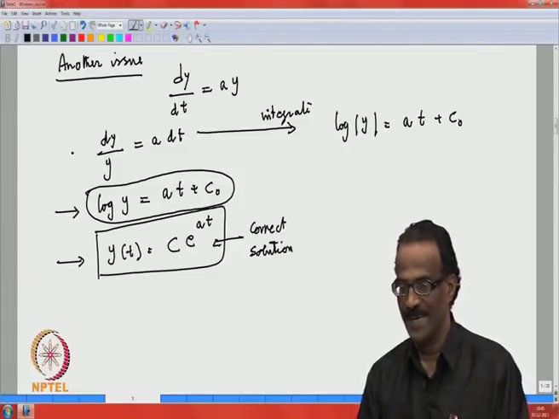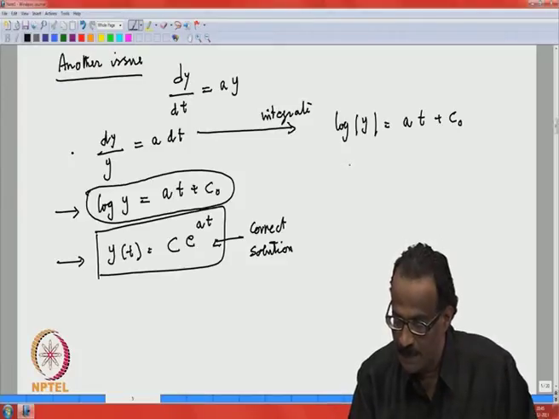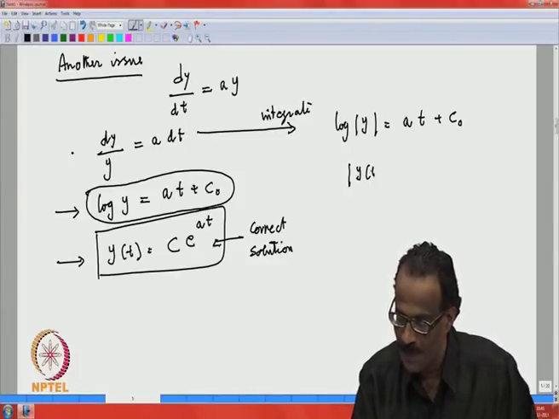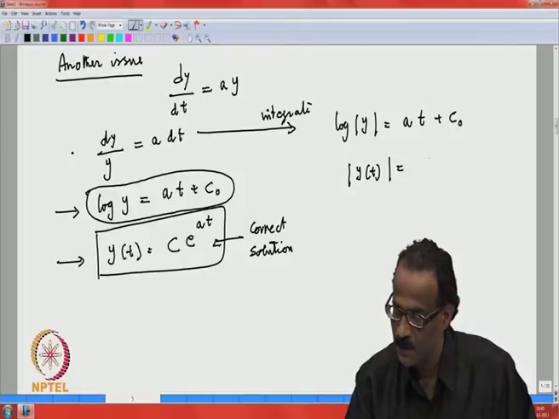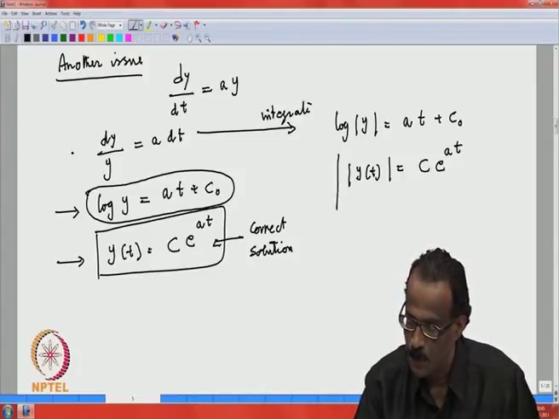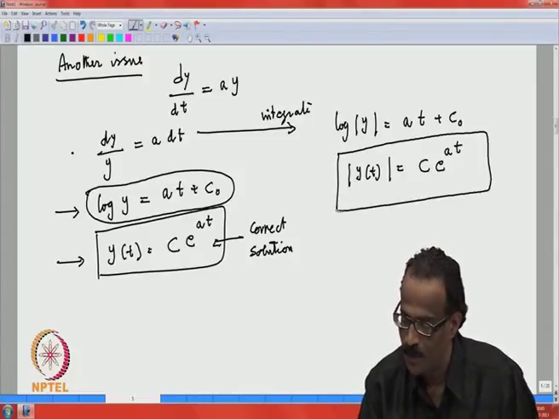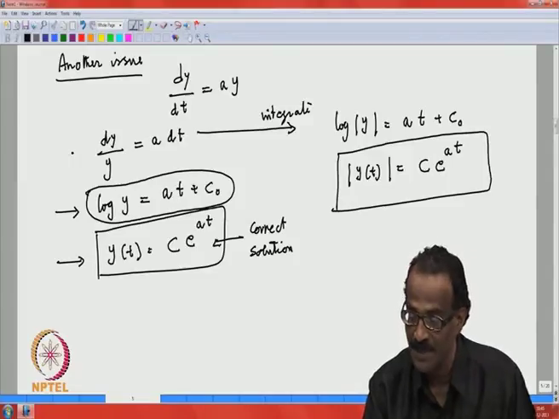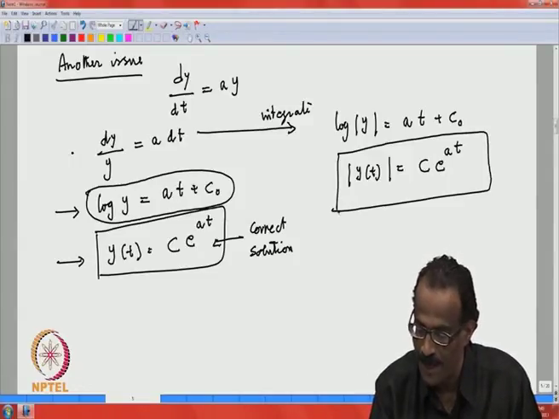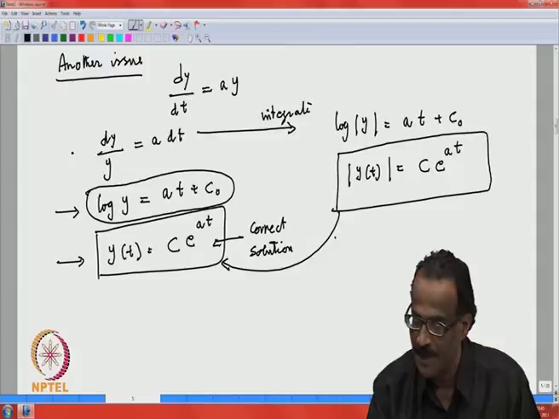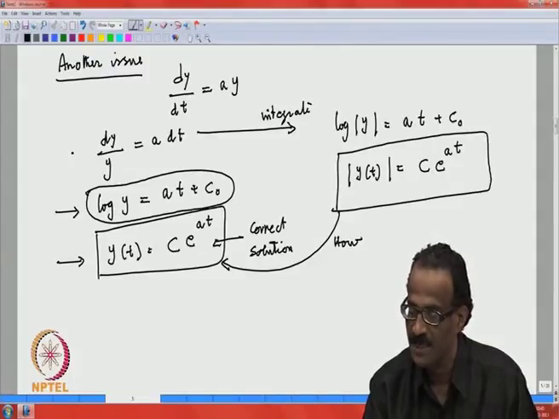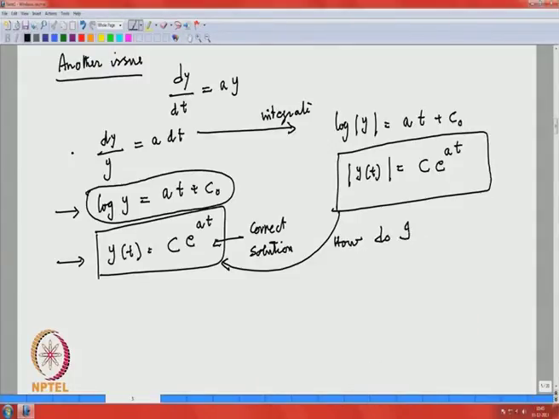This is what you will get, and then from there you will get modulus of y of t is equal to C e power a t. That is what you will get. So, how do I arrive at the correct solution from here? Mod y, you may not be able to differentiate. So, how do I get my correct solution?